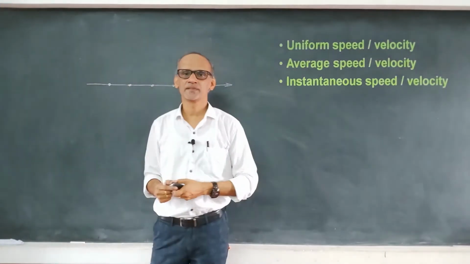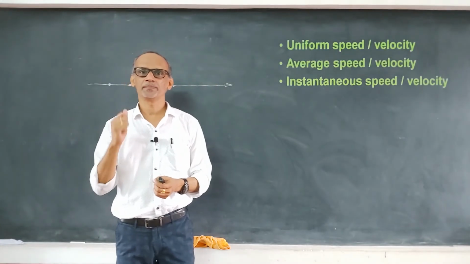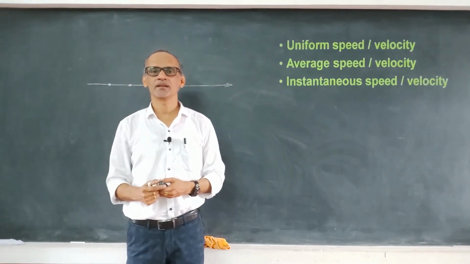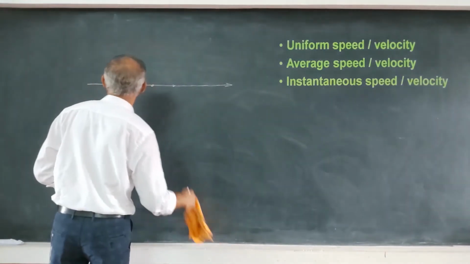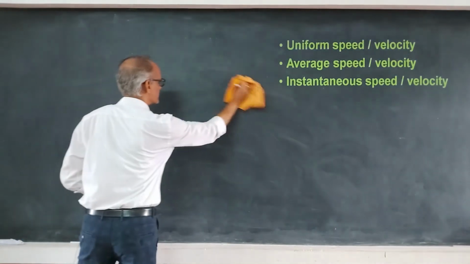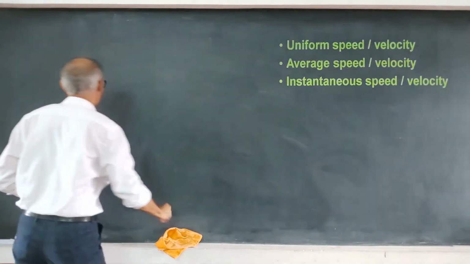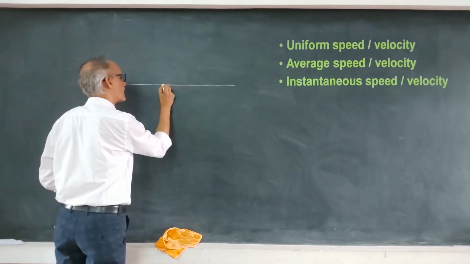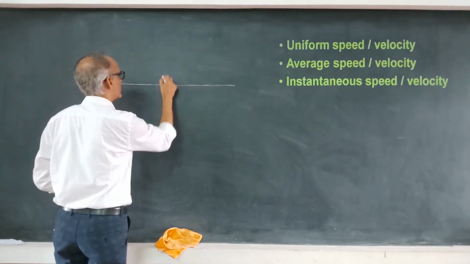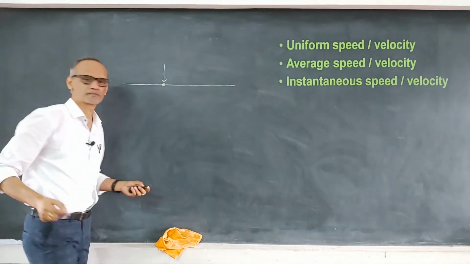Similarly, what is instantaneous velocity? Velocity of a body at a particular instant of time is called instantaneous velocity. So how do we measure that instantaneous speed or instantaneous velocity? As the body moves like this, I want to find the value somewhere here, at this location.